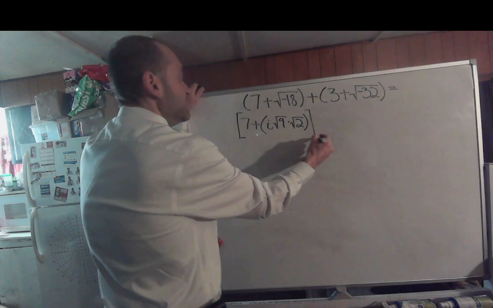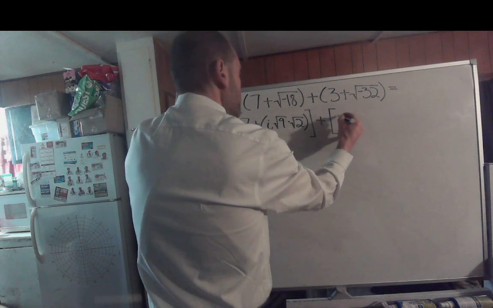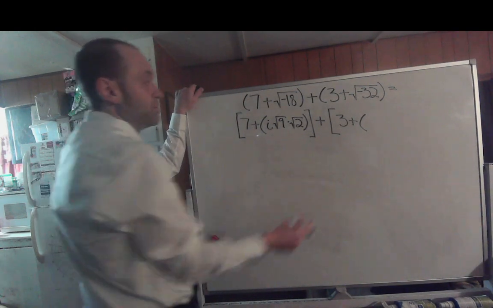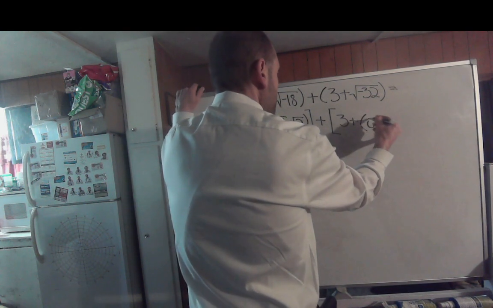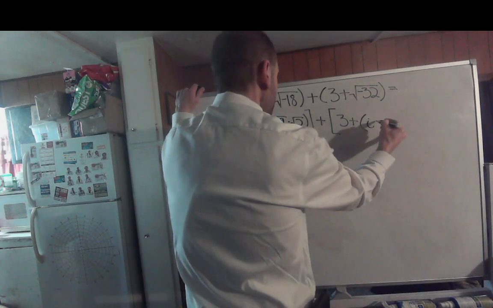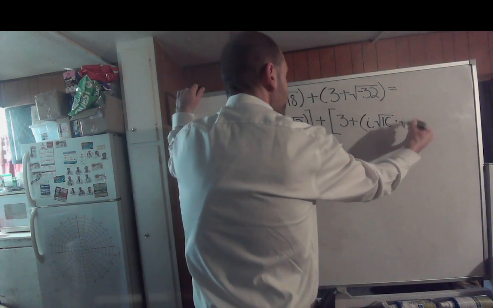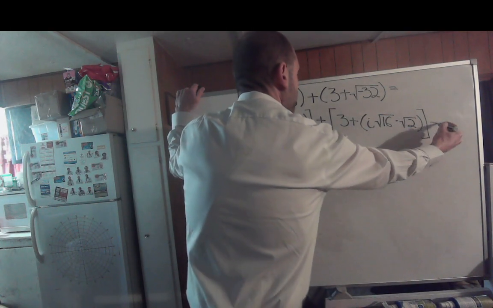And then let's deal now with the second quantity, plus, you'll have that 3 plus in parentheses. Well, the square root of negative 32 is definitely i times the square root of 16 times the square root of 2, which now we'll simplify a little bit further.